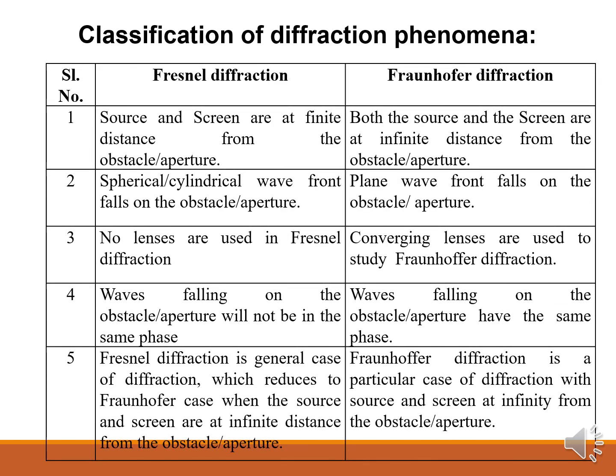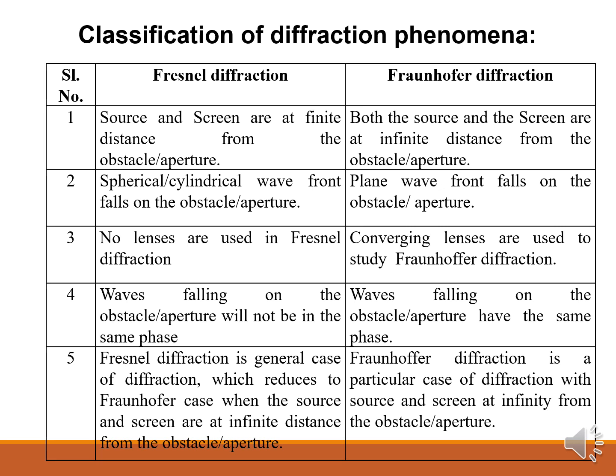Now, diffraction was explained by Fresnel in two different ways. One we call Fresnel diffraction, another one is Fraunhofer diffraction. The basic distinction between these two is only the distance between the source and the screen with the obstacle or aperture.